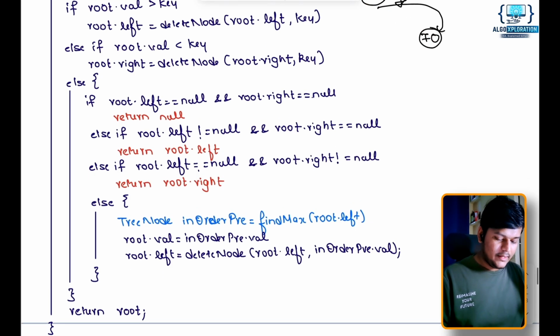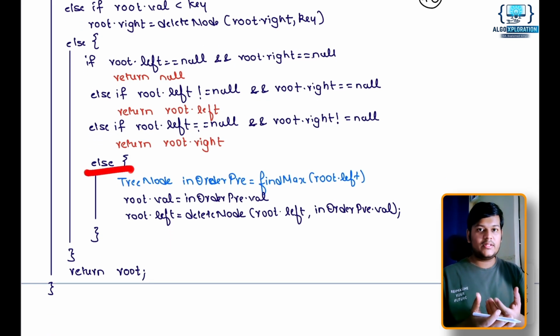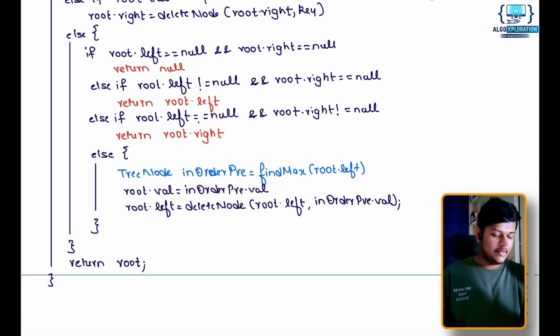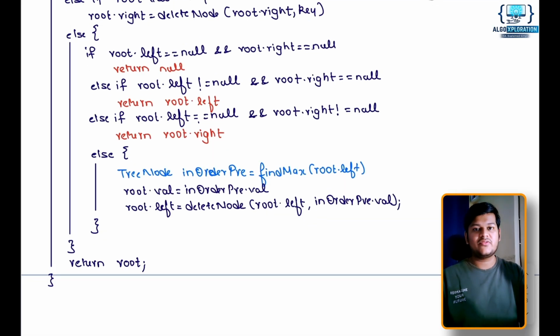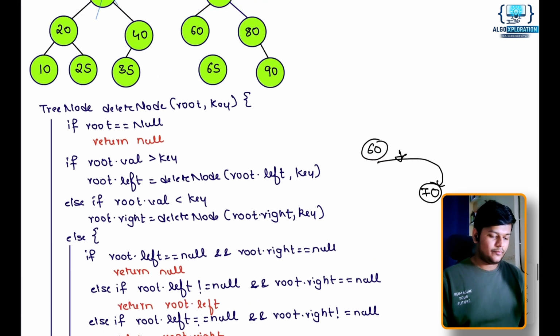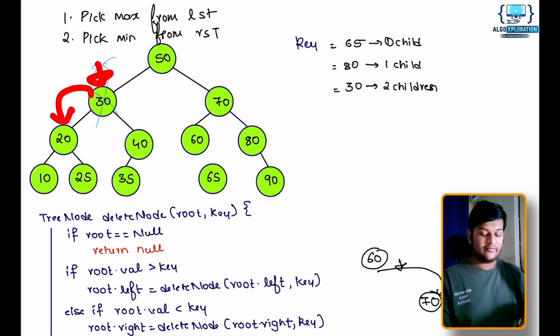Now let's see what if the node is having two children. As I told you, we are finding the max from the left hand side. So I will be calling a function findMax by passing root.left.